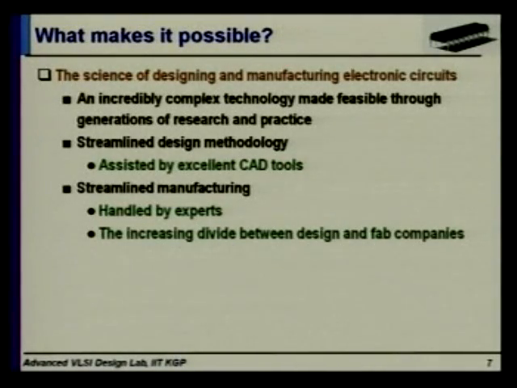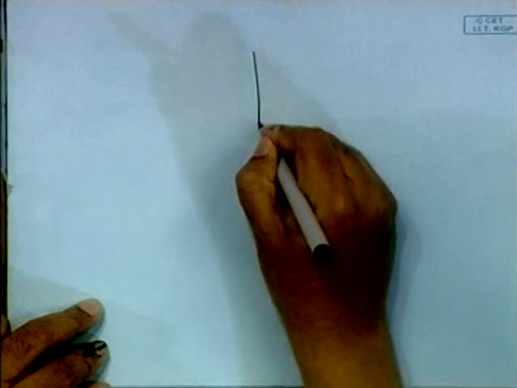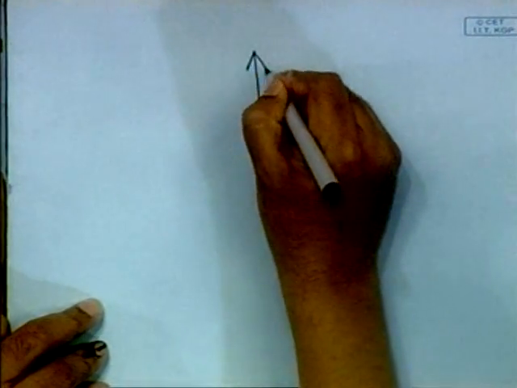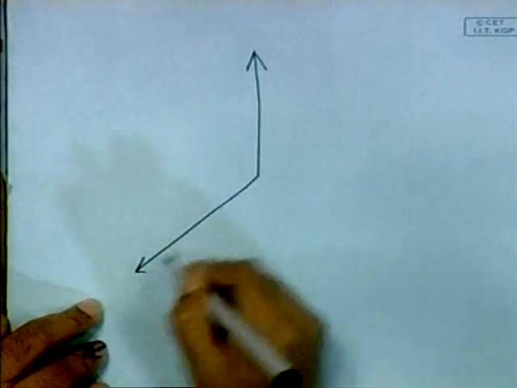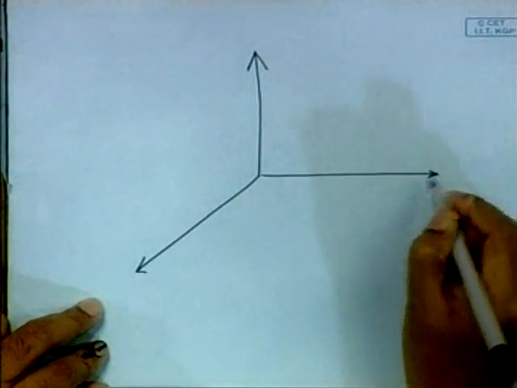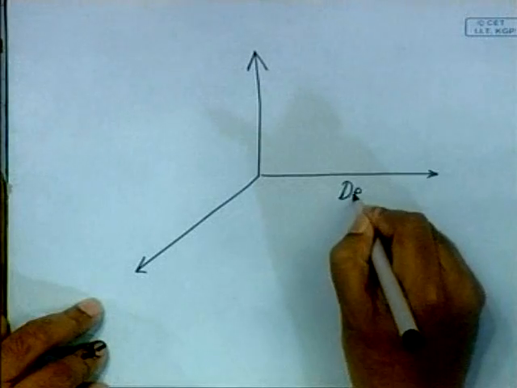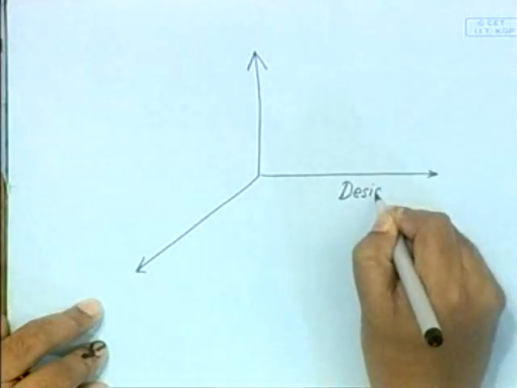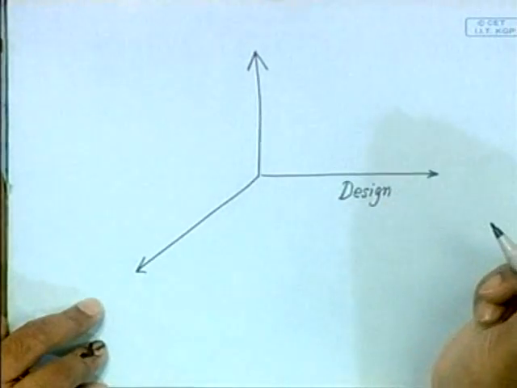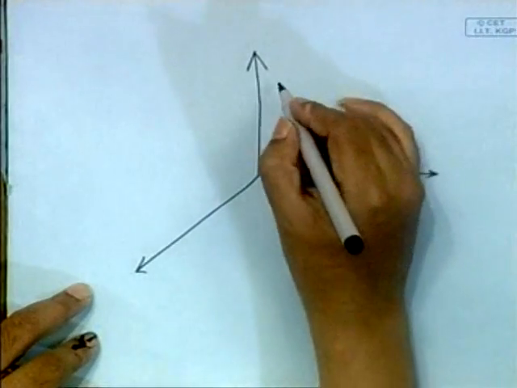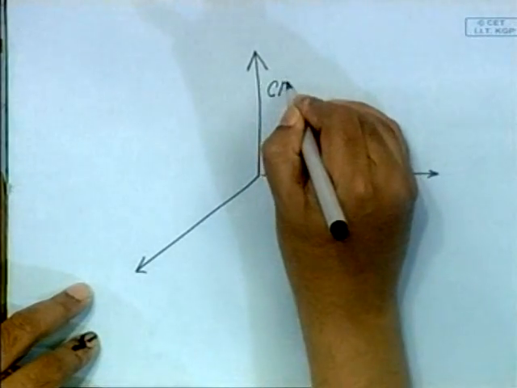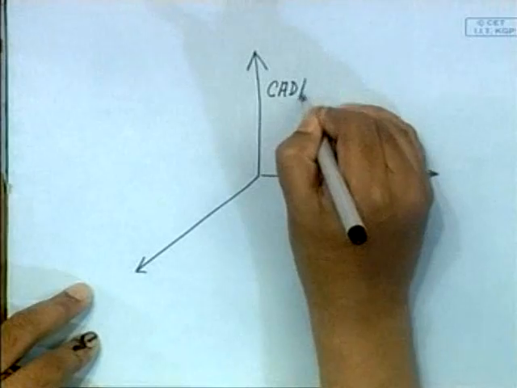If you look at this industry, there are three different components here mainly. You have on one side the design companies, the ones which design chips. On the one side you have the CAD companies, CAD or EDA companies.